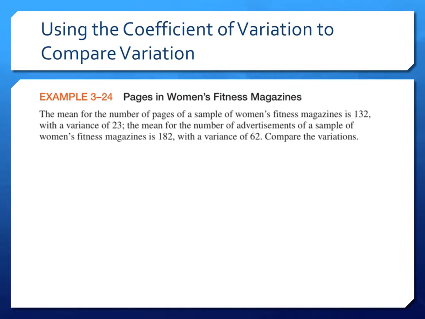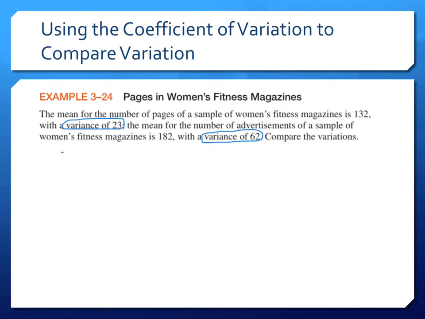Here's another example. Pages in women's fitness magazines. The mean for the number of pages of a sample of women's fitness magazines is 132 with a variance of 23. The mean for the number of advertisements of a sample of women's fitness magazines is 182 with a variance of 62. Compare the variations. So first of all, a couple of things you need to notice. They didn't give us the standard deviation. They gave us the variance. We need to find the standard deviation.